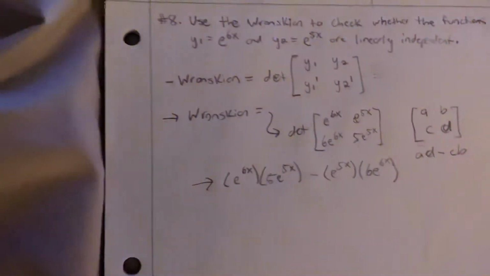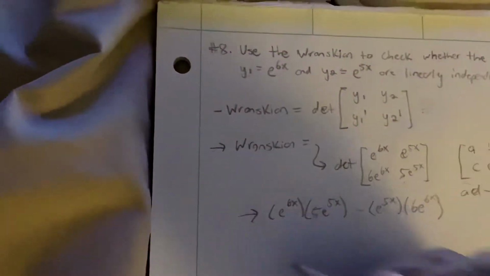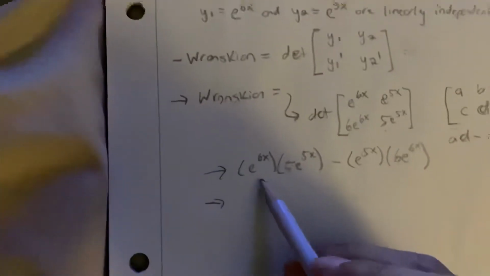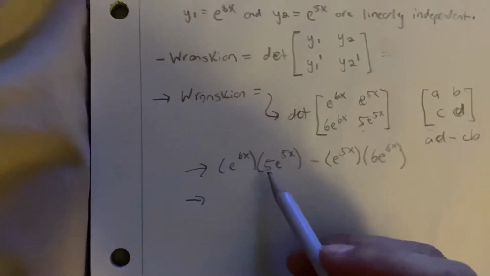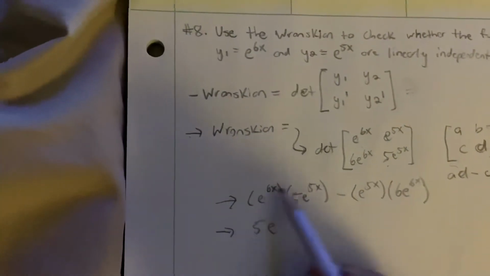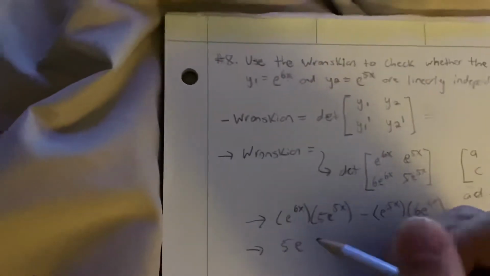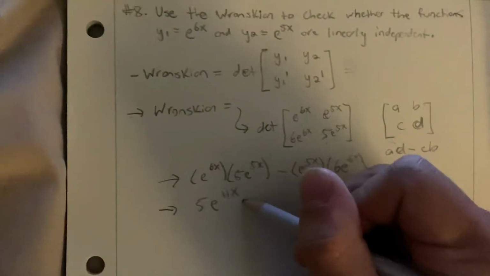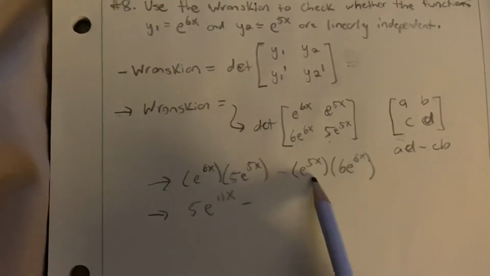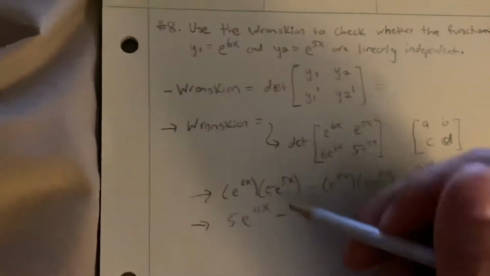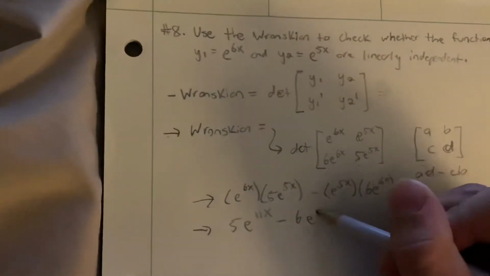Okay, going forward, we're going to simplify this. Go to the next line. e to the 6x times 5e to the 5x is going to be 5e to the, we add the exponents, so it's 11x, 5e to the 11x, minus e to the 5x times 6e to the 6x, which is going to be 6e to the 11x.